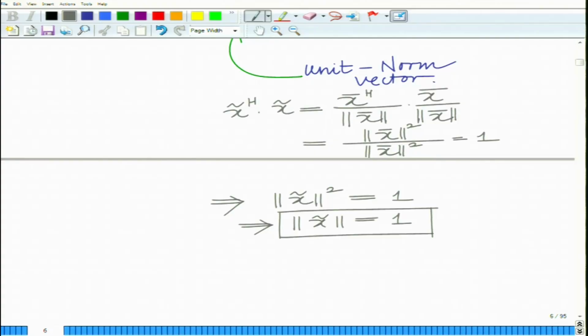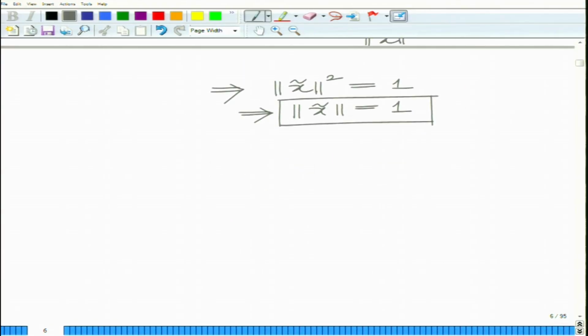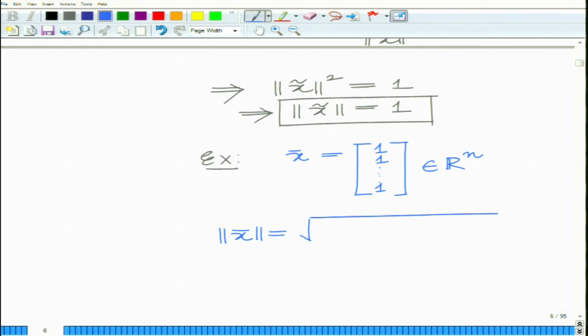Let us take a simple example to understand this. For instance, let us consider the vector x bar equals the n dimensional all one vector. Then the norm of x bar equals the square root of 1 plus 1 plus 1, n times, which is equal to square root of n.